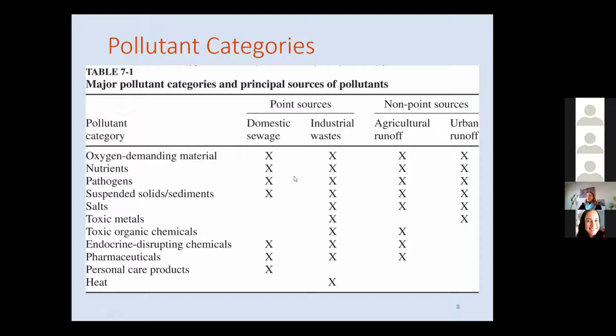And as you can see, some of the pollutants can be present in any of those sources. Some of the pollutants can only be found in just 1 or 2, like personal care products, the shampoos, the conditioners, the sunscreen can only be found in domestic wastewater and nothing much else.